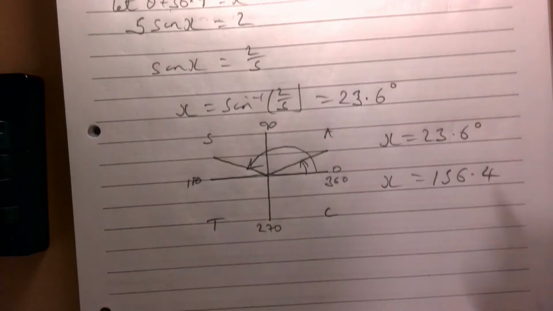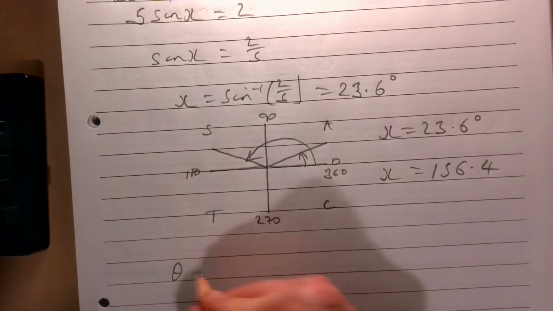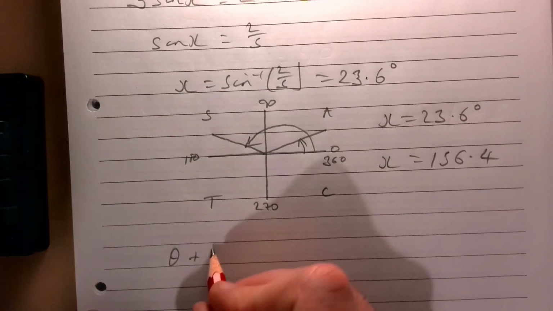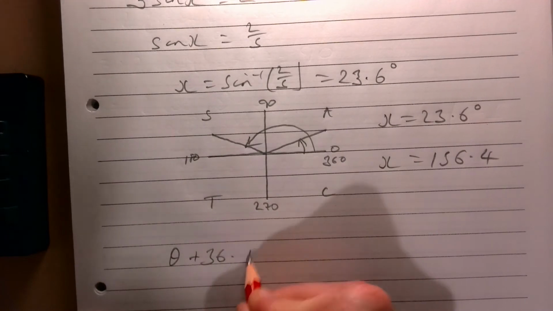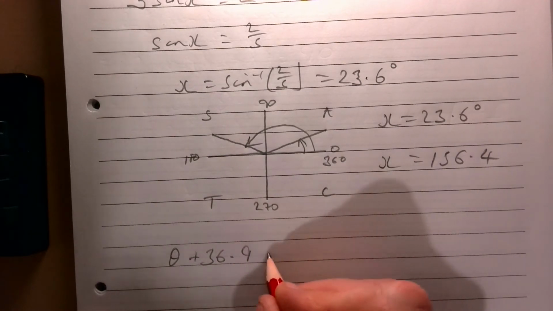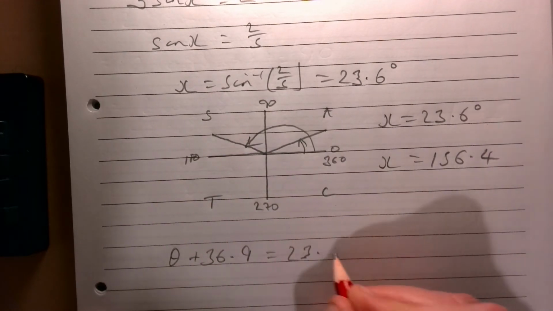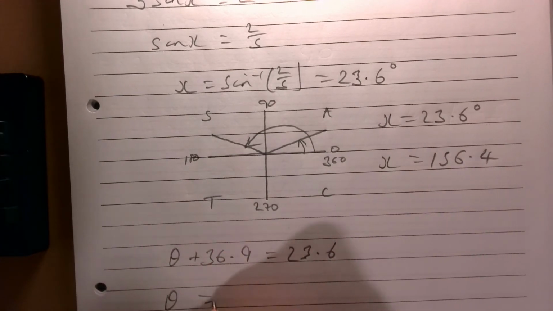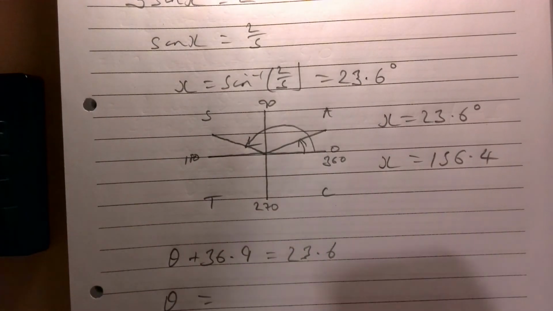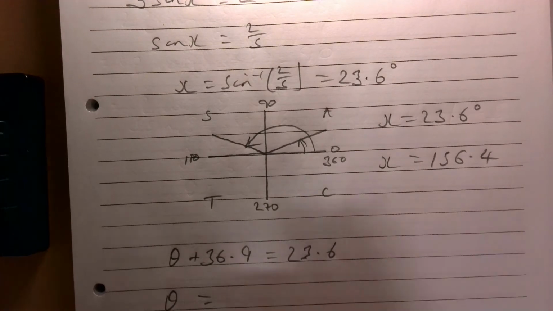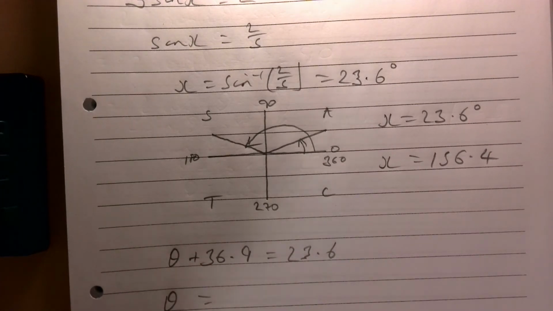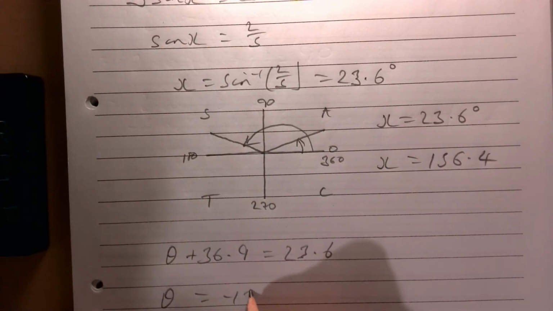Back then to our theta. So we know that theta plus 36.9 equals 23.6. So if we do 23.6 take away 36.9, you can see what's going to happen here, but we'll deal with that in a second. We get minus 13.3.